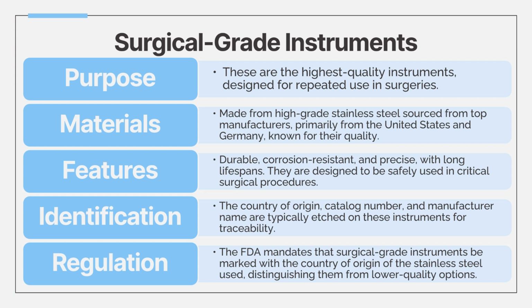Identification, they are etched with country of origin, catalog number, and manufacturer name for traceability. And of course, they are also regulated by the FDA, which requires marking of country of origin to distinguish from lower quality instruments.